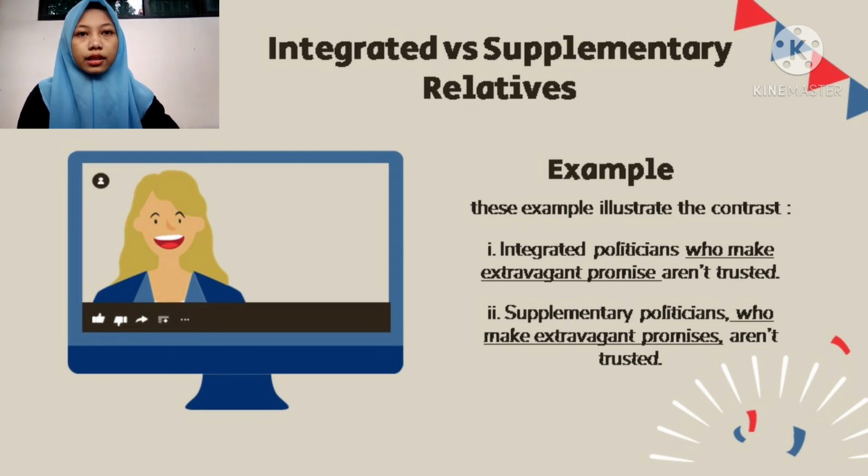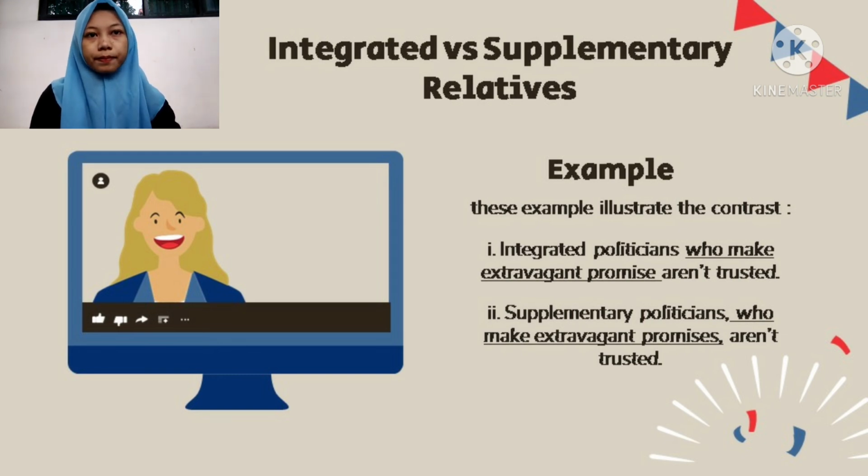The lack of trust doesn't apply to all politicians, but just ones who make extravagant promises. The information given in the relative clause is an integral part of the larger message. It plays an essential role in defining who lacks public trust.